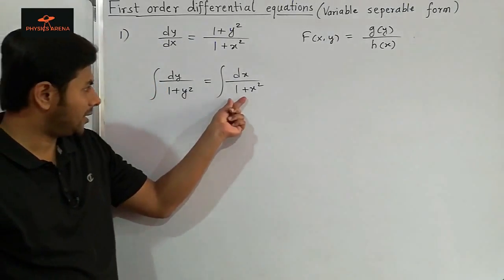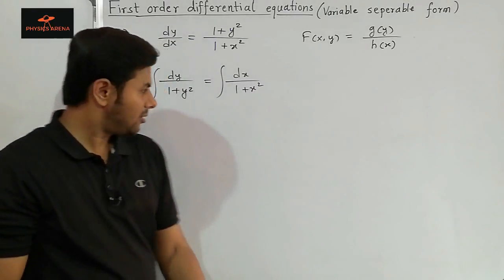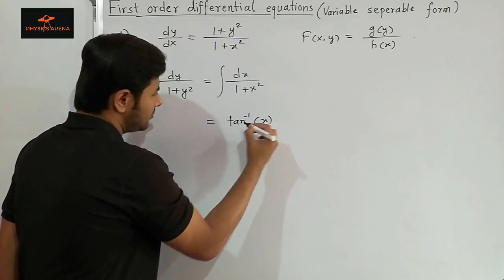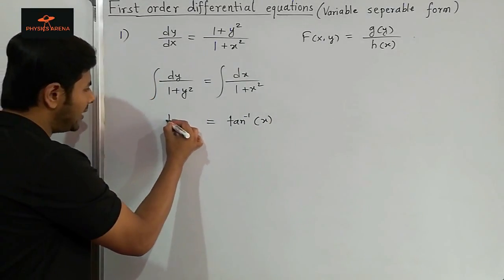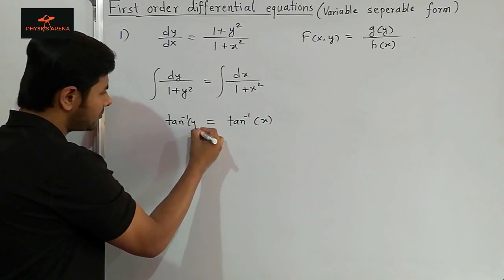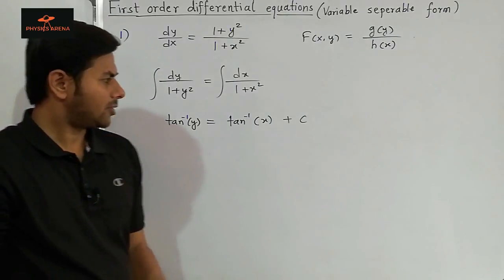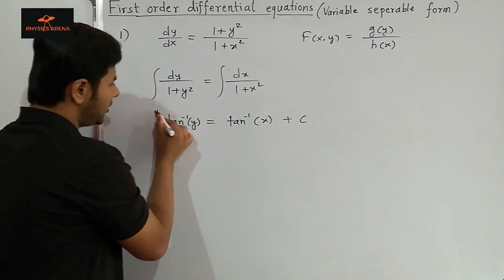The integral of 1 over 1 plus x square dx is, as you might know, tan inverse x. And similarly, we'll have tan inverse of y on this side. And there will be a constant of integration c. So this is the solution.